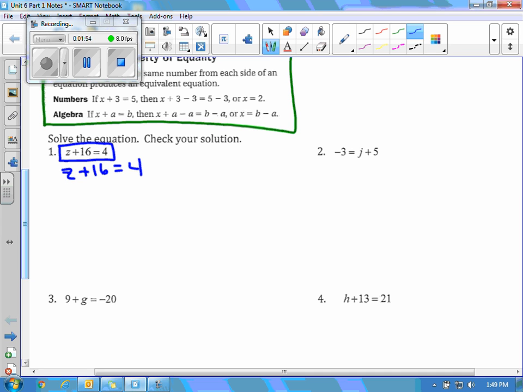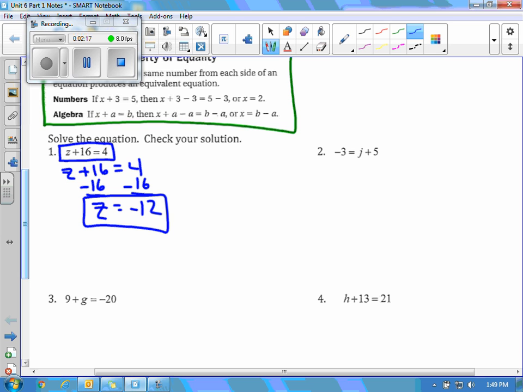So I need to subtract. I'm going to subtract 16. If I do it to one side, I actually do it to the other side because we're trying to keep equivalent equations. So on the left side, 16 minus 16 is 0, so I just have z. 4 minus 16 is going to give me negative 12. So my solution is z equals negative 12.